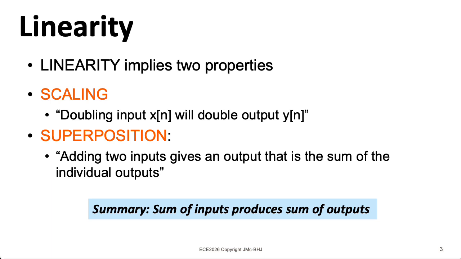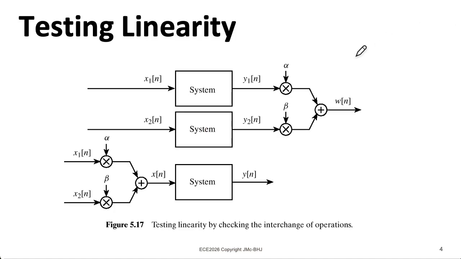You will often see the scaling and superposition properties combined into something like this. On the top, we have two signals, x1 and x2. They're going into two identical copies of the system to get outputs y1 and y2. We take y1, scale it by alpha, y2, scale it by beta, and then we add the results to get an output w.